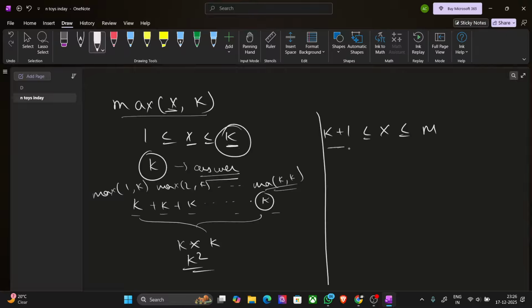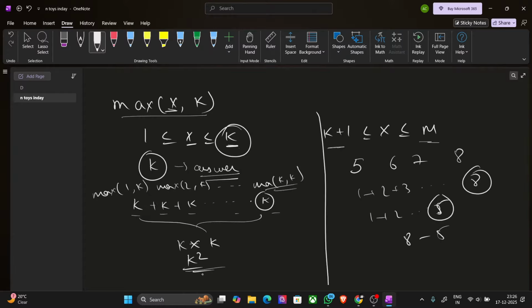Then how can I find the sum from k plus 1 to m? Let's say k is 5 and m is 8. How can I find the sum of 5, 6, 7 and 8? Because x increases like this, I can just take 1 plus 2 plus 3 up to 8 and 1 plus 2 plus 3 up to 5 and subtract both of these. Then I can add k square plus this sum. This term gives us the answer.